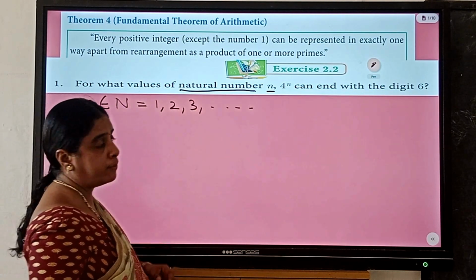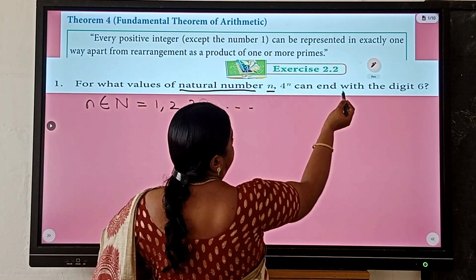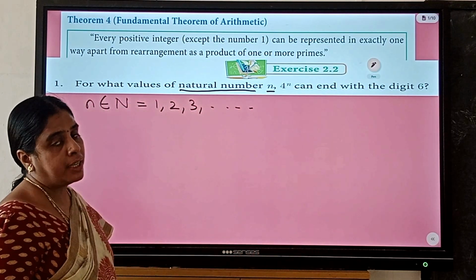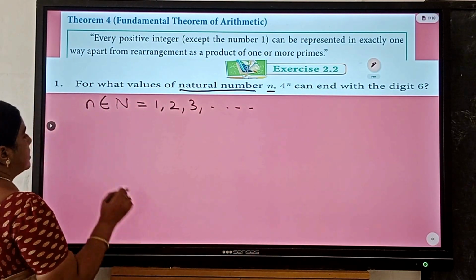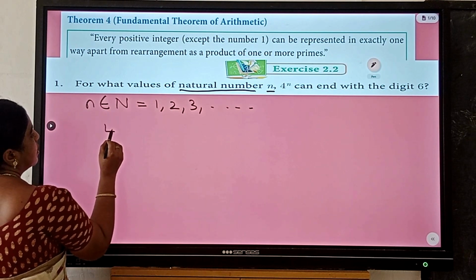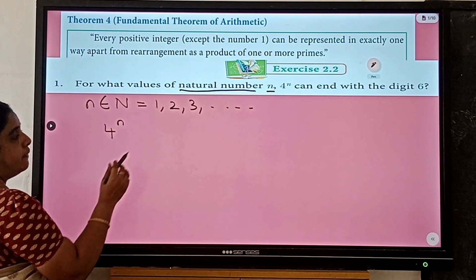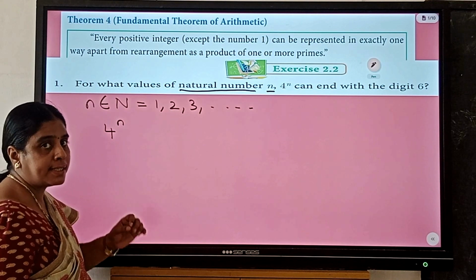They are not given a limit. So we need to find for what values of n, 4 power n will end with the number 6.